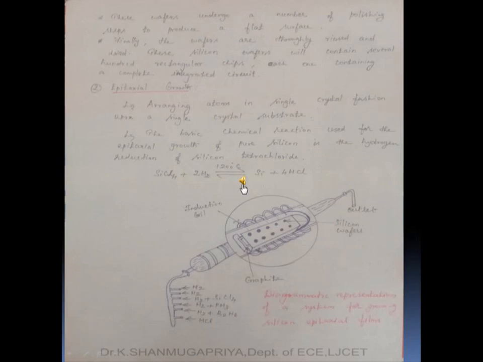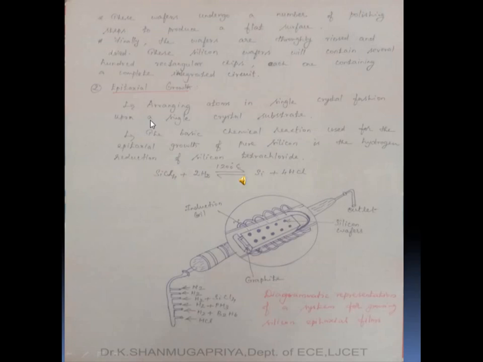The silicon wafers obtained from the previous process have a very rough surface due to the slicing operation. These wafers undergo a number of polishing steps to produce a flat surface. Finally, the wafers are thoroughly rinsed and dried.